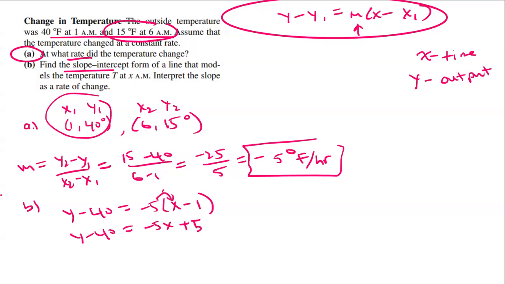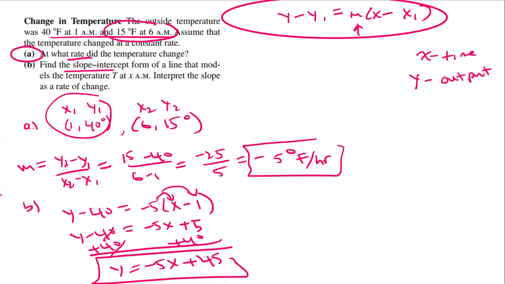I'm going to distribute the negative 5, then add 40 to both sides. So y is equal to negative 5x plus 45. This here is our slope-intercept form.